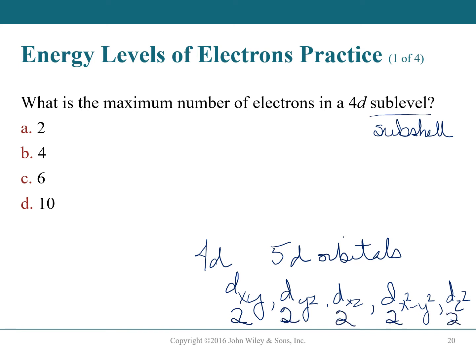So let me change it so it doesn't look like I'm saying 5D. We have 5 d orbitals. Let me write that word out.